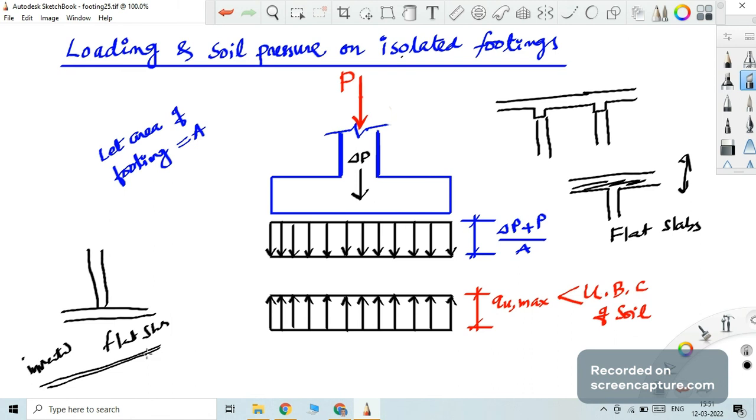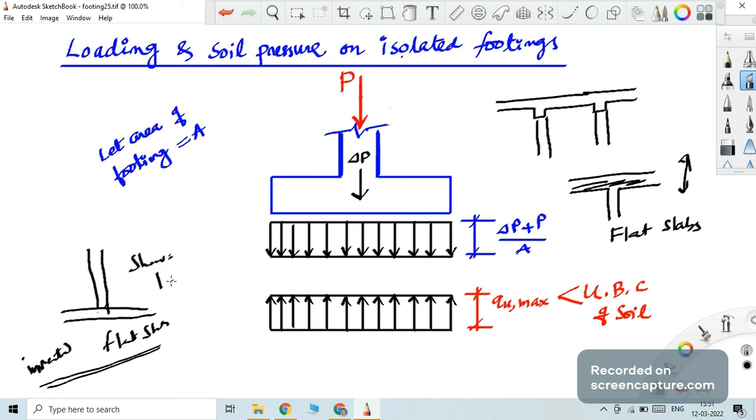So here the issue is, since the beam is absent, these slabs will not behave like the slabs we have designed having beams, either two-way slab or one-way slab. We have seen in the design of two-way and one-way slabs that shear is not going to be the criterion. But here in the flat slabs and the inverted flat slab of a footing like this, since there is no beam, this column is going to punch the slab. So shear is going to be a criterion.